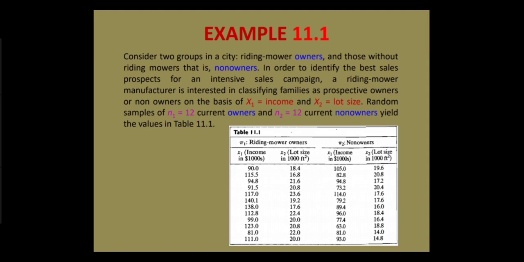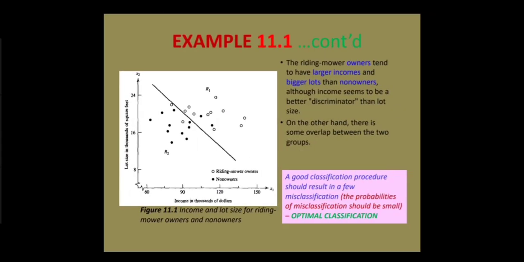Okay, alright, so we can explain the discrimination and classification according to figure 11.1, which constructs the scatter plot of x1 versus x2.